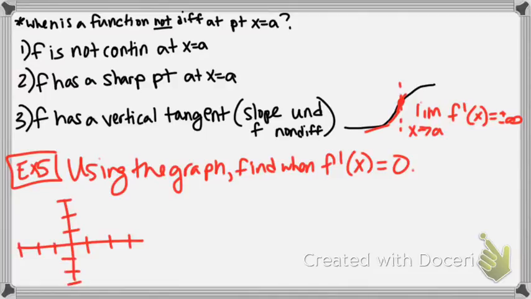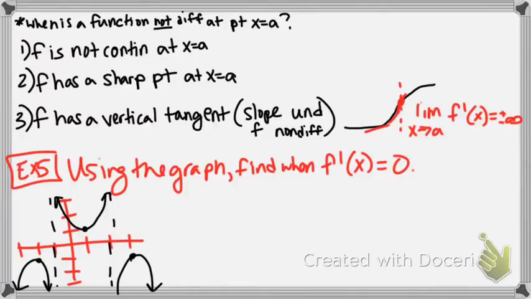I would like you to draw a vertical asymptote at 2 and -1. We're going to put a point at 1, 1 and draw a little parabola there for me. We're going to draw 2 more parabolas, one at -2, -1, and then we're going to go to -3, -1.